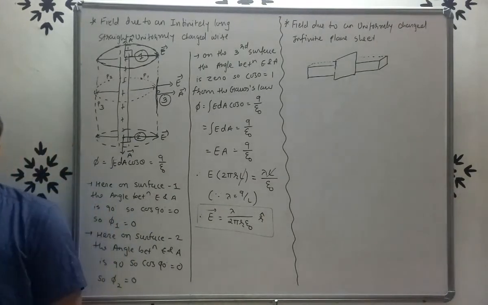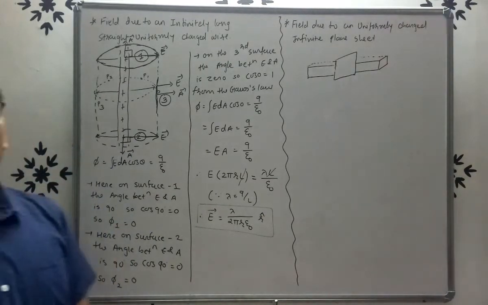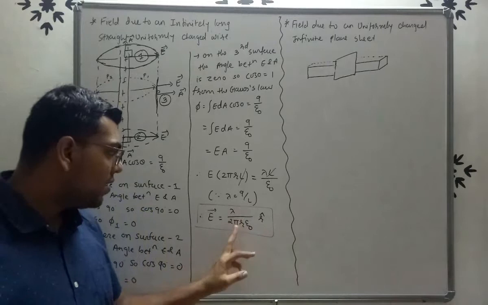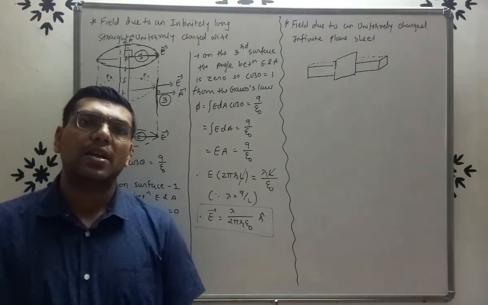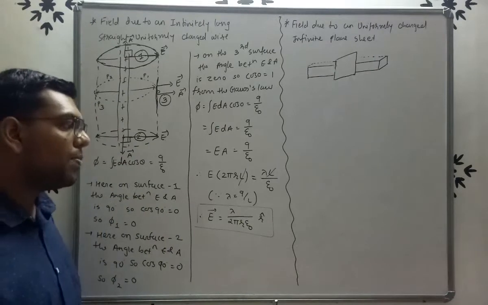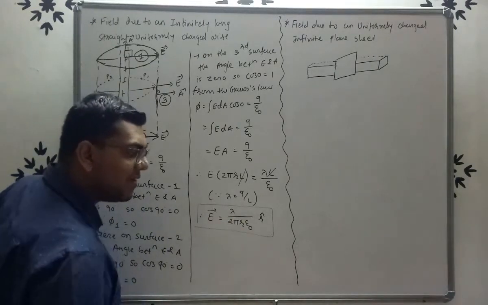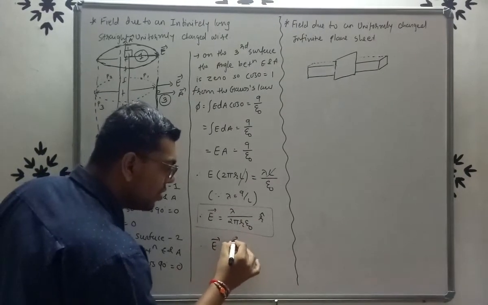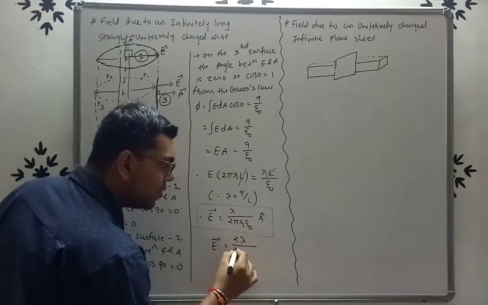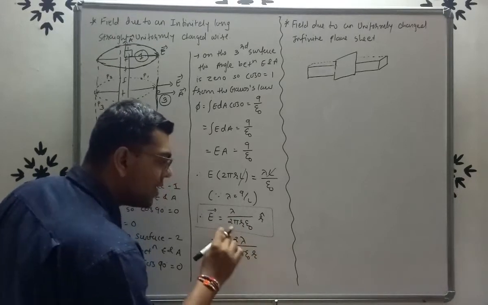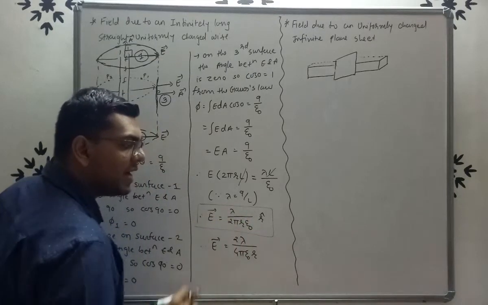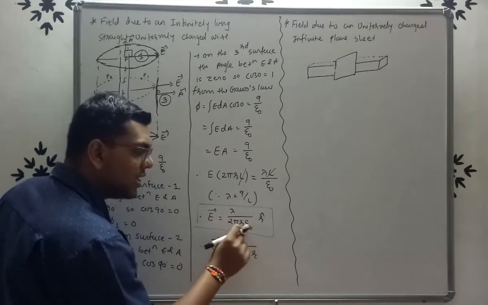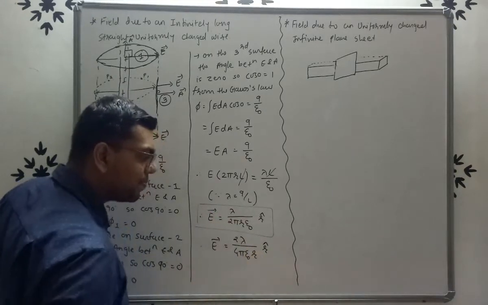But if we want to find this formula in the form of Coulomb's constant, we know that K is equal to 1 by 4 pi epsilon 0. Here 1 by 2 pi epsilon 0, and the value of K is 1 by 4 pi epsilon 0. So here we multiply and divide this equation by 2. So vector E is equal to 2 lambda upon 2 into 2, 4 pi epsilon 0 R into R cap.